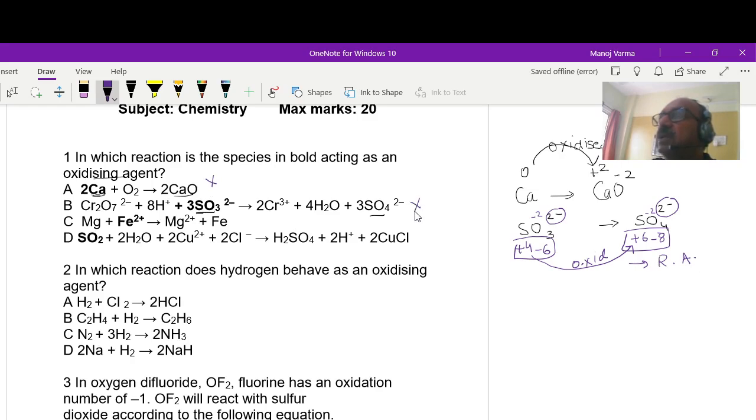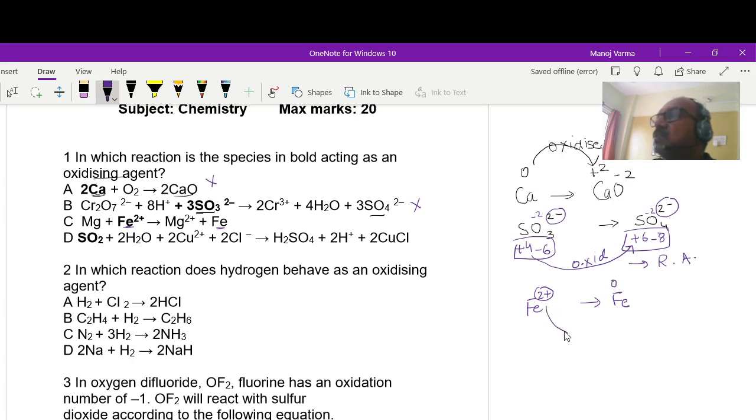Now let's go to the third one. Fe2+ is changing to Fe. Here the oxidation number is +2. Here, because it's free and not combined, it's 0.